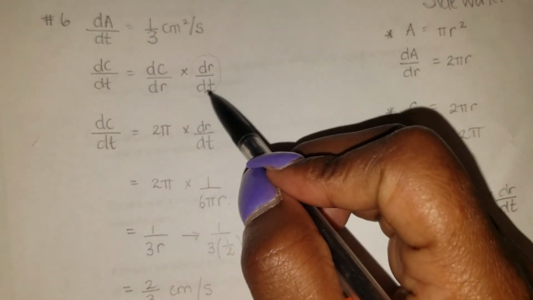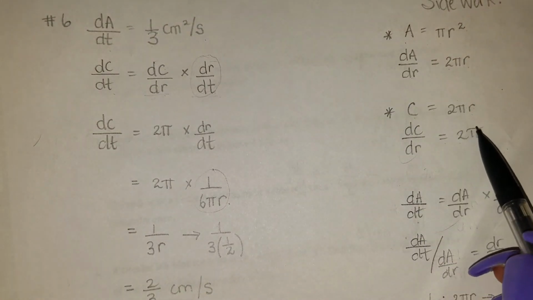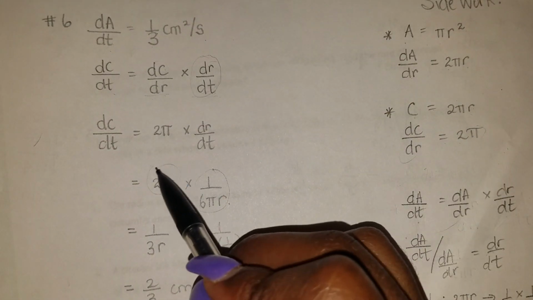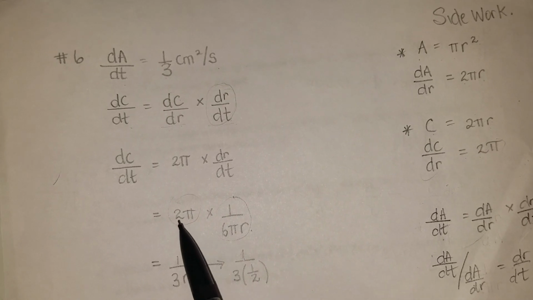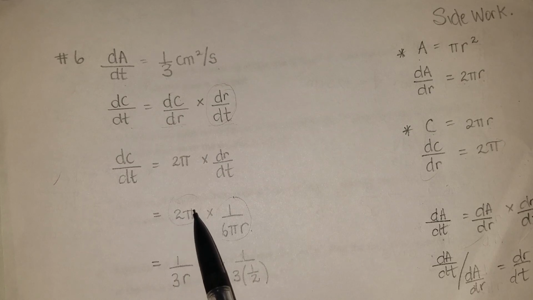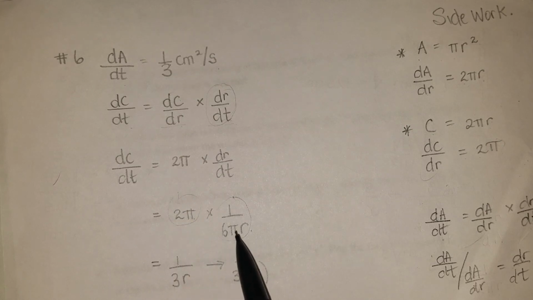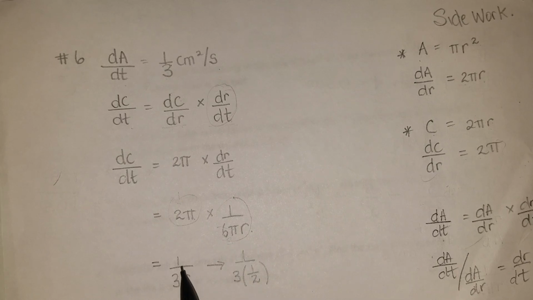So we have our dr/dt down, and our dC/dr we also found as 2 pi. So now we can multiply to get 2 pi over 6 pi r, and they will get cancelled. The 2 pi will cancel, into itself goes 1 time, and into the 6 pi 3 times. So that's why we have 1 over 3r.